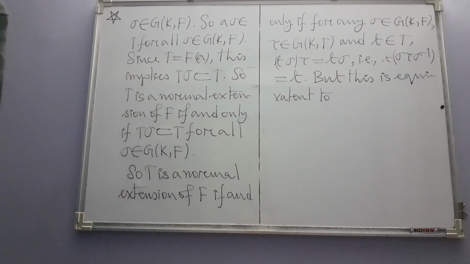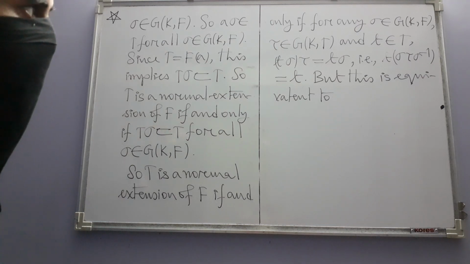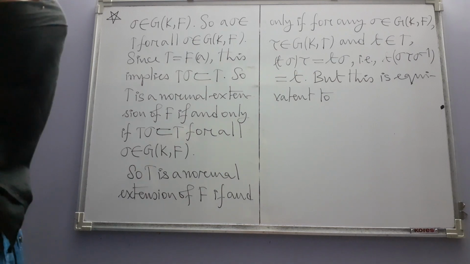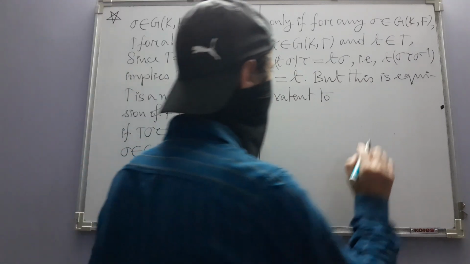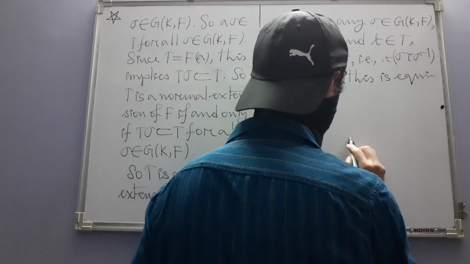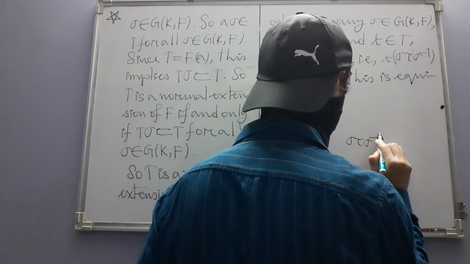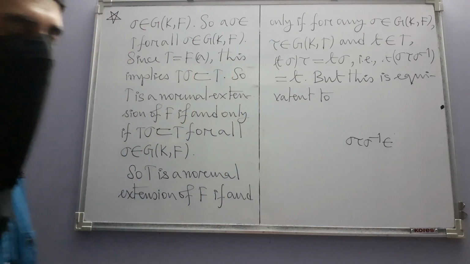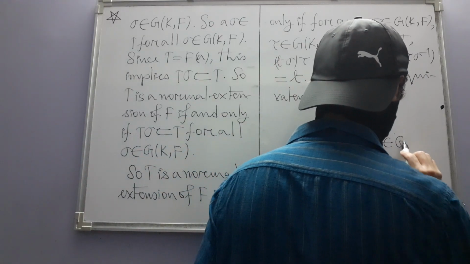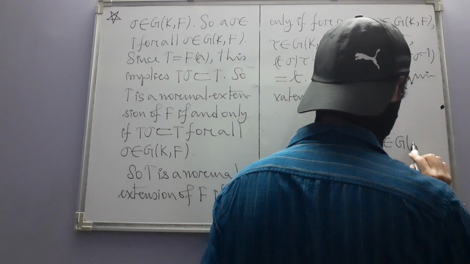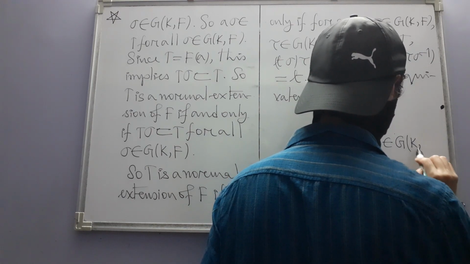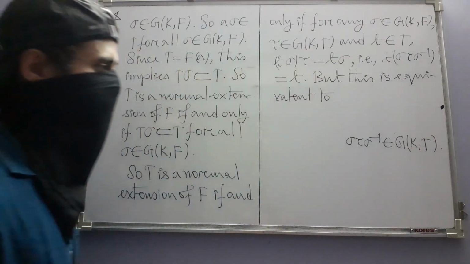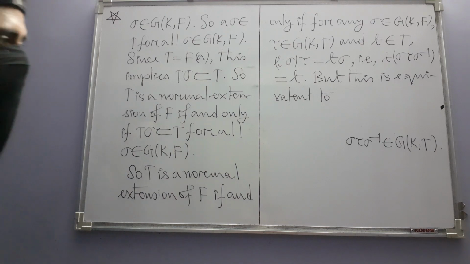It does not change any element of T, which means what? It belongs to, let me show it here, σ τ σ⁻¹ is then an automorphism of K that is fixed on T. Fixed on T means identity on T. So it has to belong to this G(K,T).